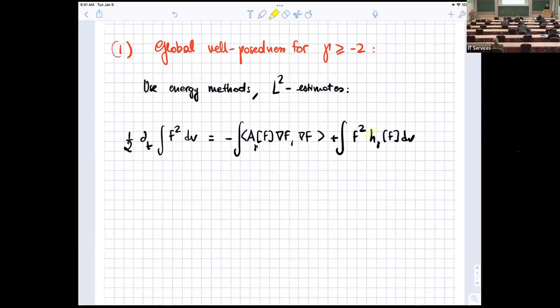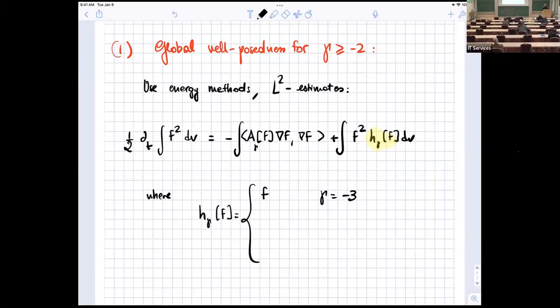H of gamma is f, when we are at Coulomb, because at Coulomb we have a quadratic nonlinearity. If we multiply by f, we get f cubed. But when I am above Coulomb, then I don't have a quadratic nonlinearity.